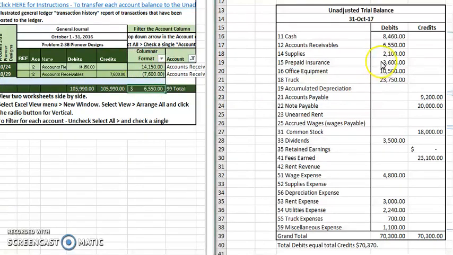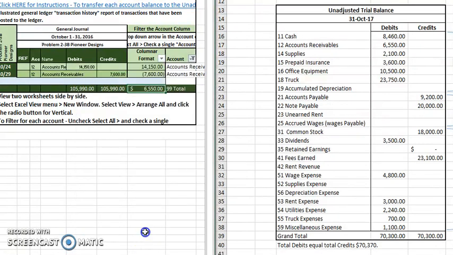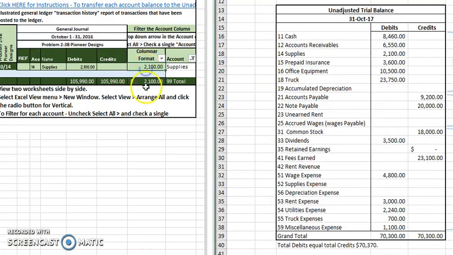A debit of $6,550 goes to accounts receivable. The next account in line is supplies. These are in alphabetical order. $2,100 balance debit is going to supplies.